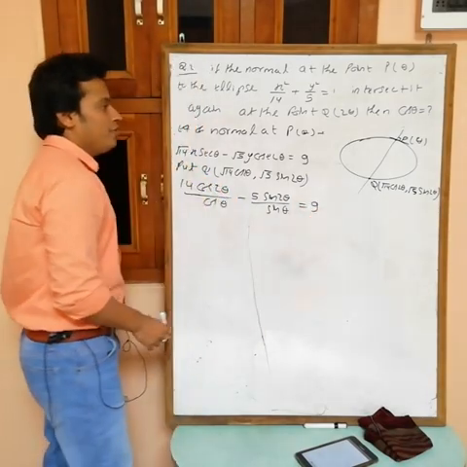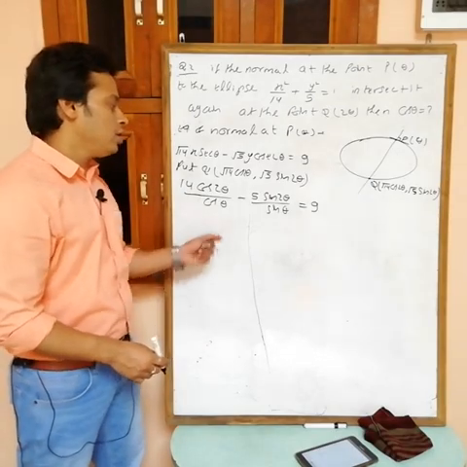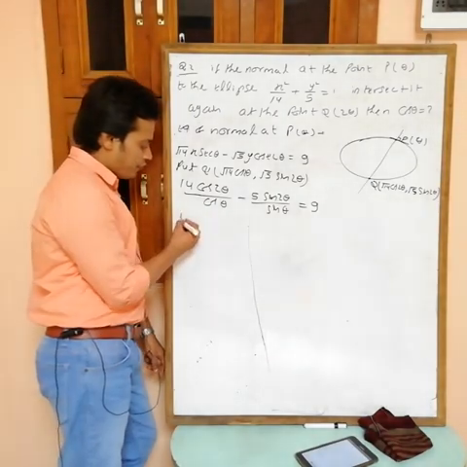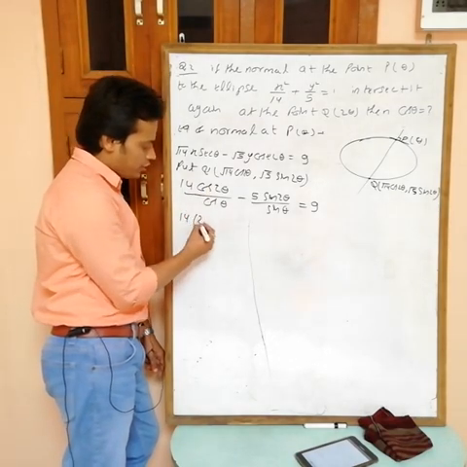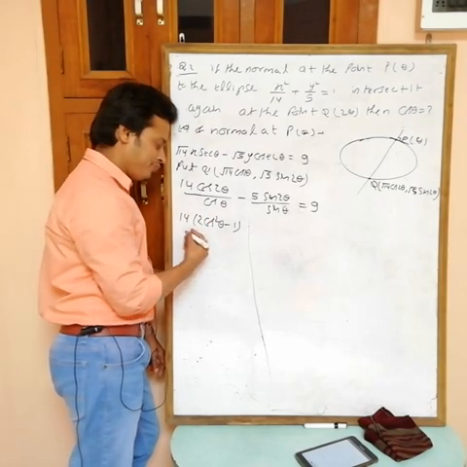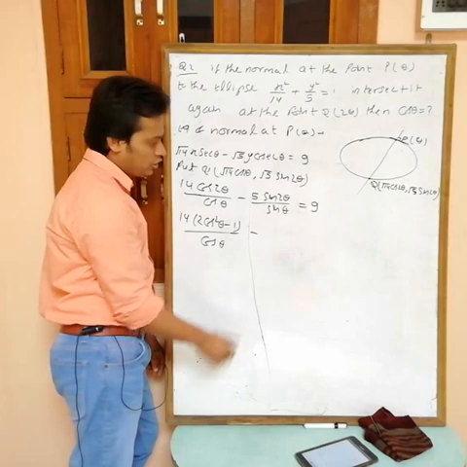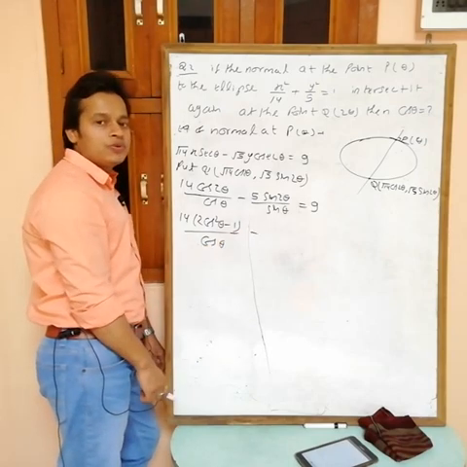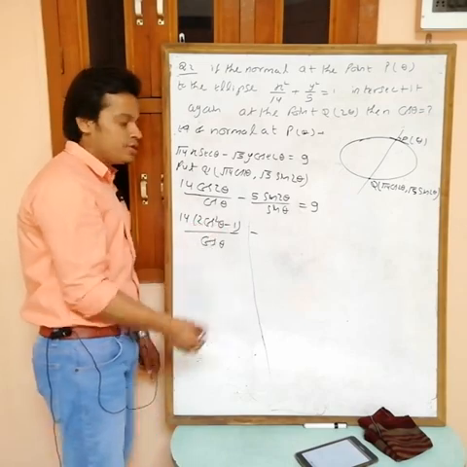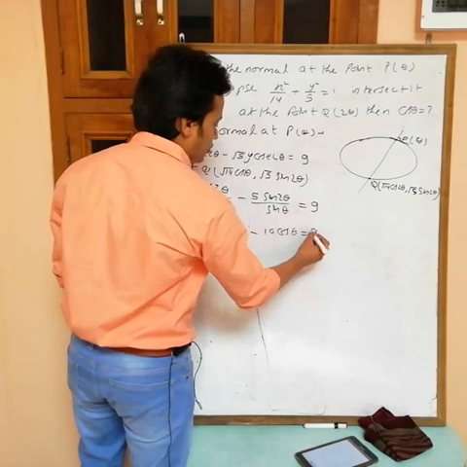Now what do we want? We want the value of cos theta, so write the equation in terms of cos theta. 14 cos 2 theta can be written as 2 cos square theta minus 1, by cos theta. And sin 2 theta can be written as 2 sin theta cos theta, sin theta cancels out, so 5 into 2 cos theta is 10 cos theta, equal to 9.